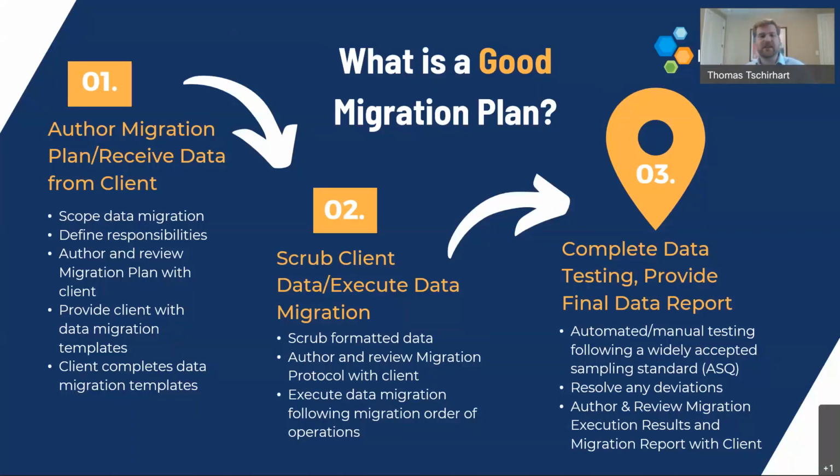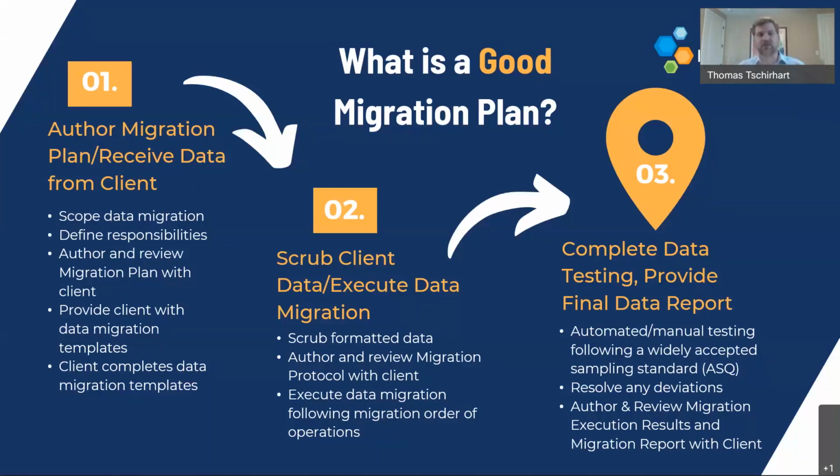Obviously you can see in each of these, there are a couple of sub-steps and bullet points. I won't read through all of them; I'm just going to cherry pick some of the most important ones. When it comes to authoring the migration plan and receiving the data from the client, that's step 1. Probably some of the most important bullet points listed here are defining responsibilities. Going back to one of those earlier pitfalls, who is doing what?